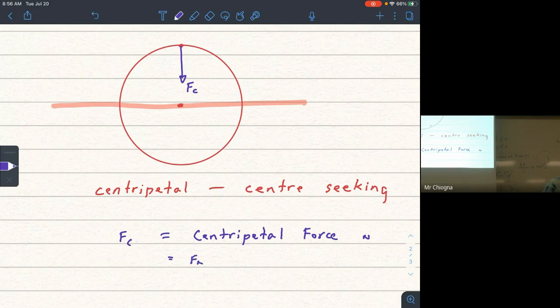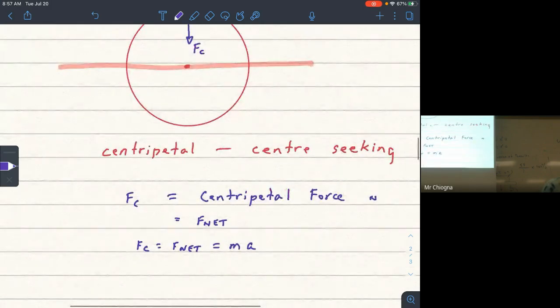It is a special type of net force. It is a net force, which means it causes an acceleration. What type of an acceleration? It's going to be labeled AC. AC stands for centripetal acceleration.